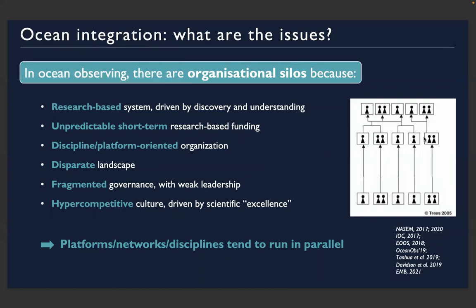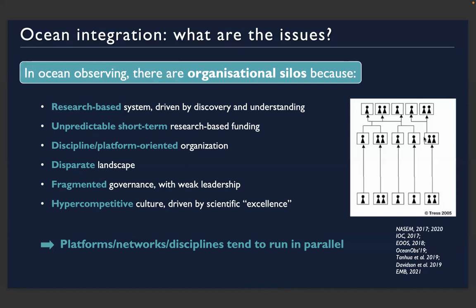Because we are organized in disciplines and platforms, we have vertical departmentalization. We have a disparate landscape with fragmented governance and weak leadership, so we don't have a top-down government that allows us to guide implementation and priorities. We are also competing, every discipline and platform competing against each other for funds. So this leads to parallel design. We tend to work by ourselves and then try to combine the things at the very end of the process.